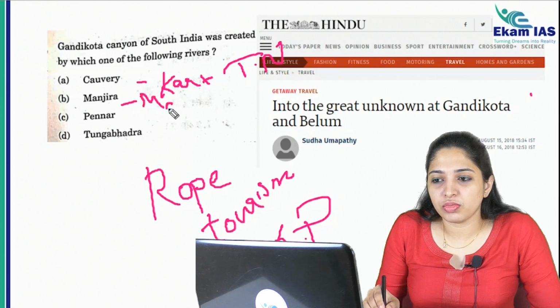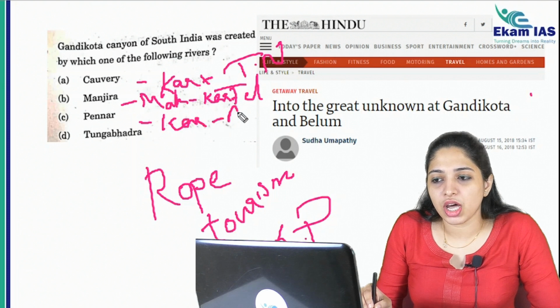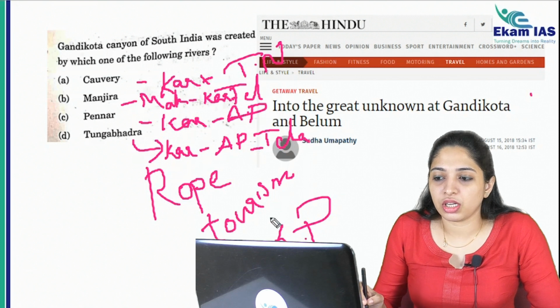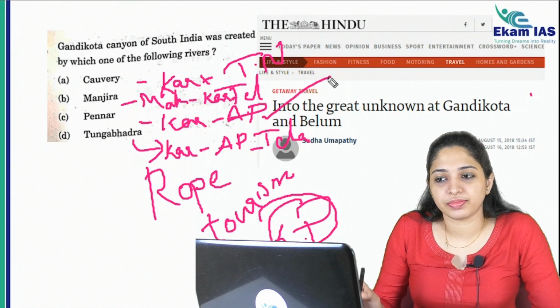Manjira River flows through Maharashtra, Karnataka and Telangana. And Penna River flows through Karnataka and Andhra Pradesh. Tungabhadra River flows through Karnataka and the Andhra Pradesh, Telangana border. And our Gandikota Canyon is situated in Andhra Pradesh. So the best choice would be Penna, Andhra Pradesh.